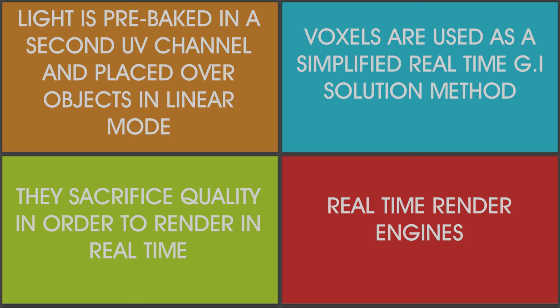Okay, this is a very small summary of what happens with real-time render engines. You've got these options, and you have to do a little bit of extra work in order to have the lighting baked and all that stuff.